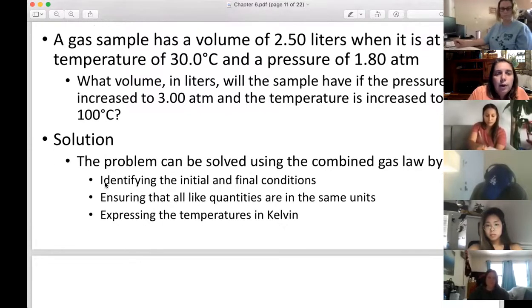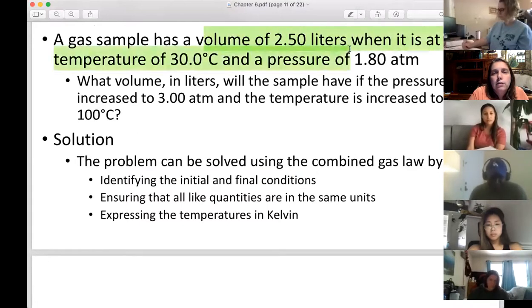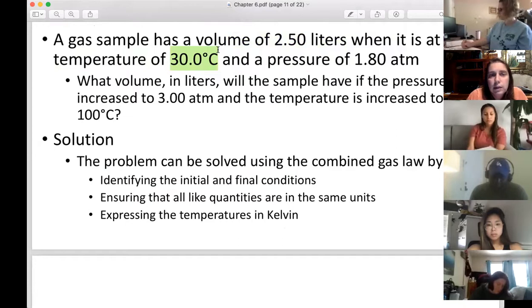Like we talked about, identify which are the initial and which are the final conditions. So we have a volume of 2.5 liters. This would be my initial volume. A temperature of 30 degrees Celsius. Well, it needs to be converted into Kelvin, but this would be my initial temperature. And a pressure of 1.80 atmospheres. This would be my initial pressure.